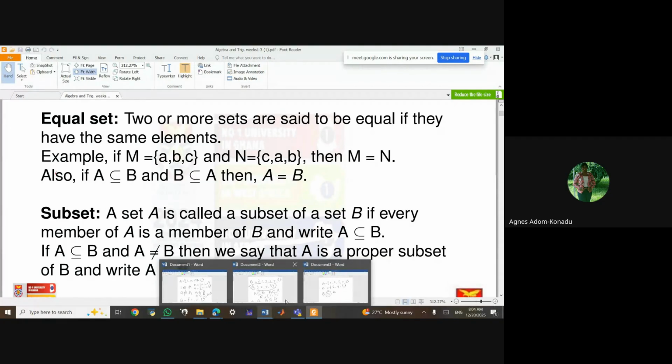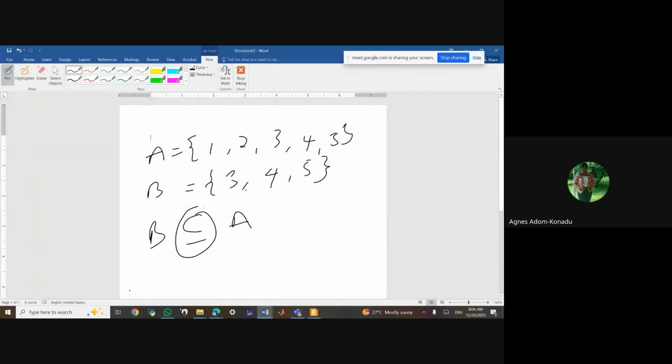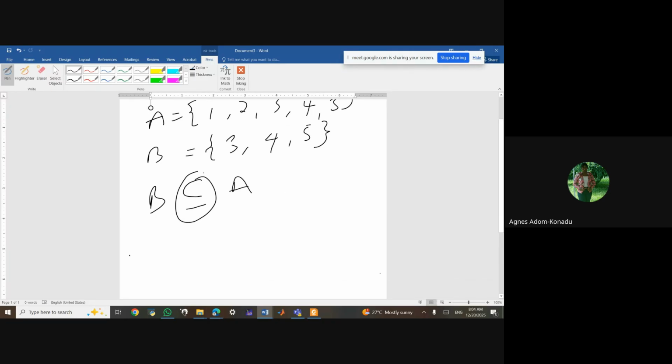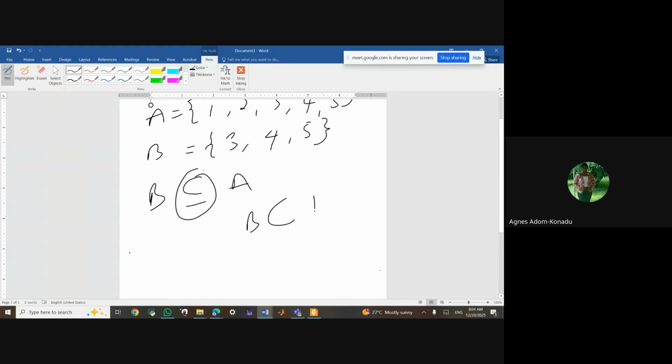So we can see that B is in A and B is not equal to A. It means that B is a proper subset of A. This symbol looks like the less than or equal to that we know. So all the elements are in here, and they are not the same. So it's a proper subset.